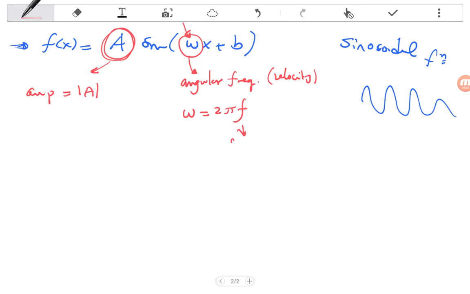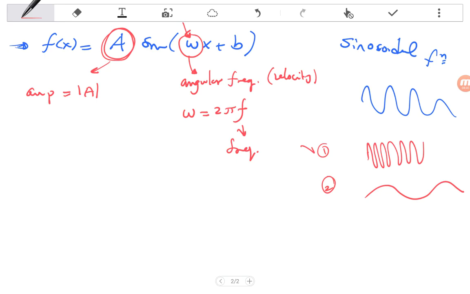What is f? f is the frequency. Whenever you repeat something, there is a frequency for that repetition. For example, if you have these two curves, which of these has a greater frequency, 1 or 2? Yes, 1 has a greater frequency. It repeats itself more quickly.